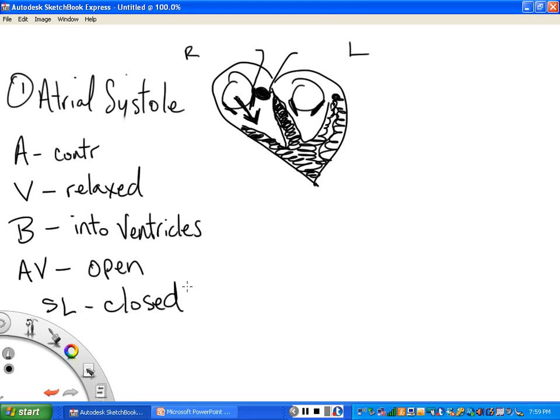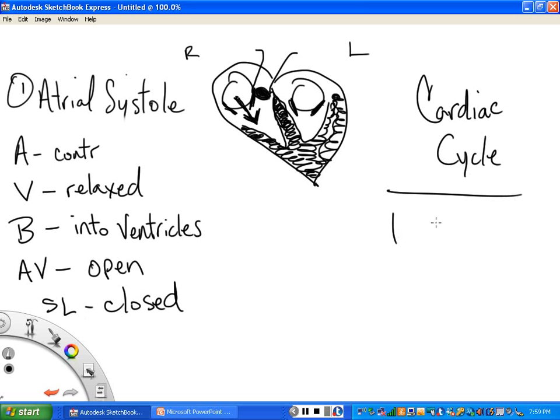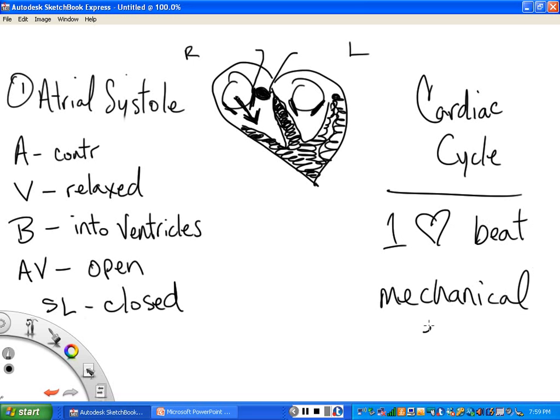For every single step of this cardiac cycle, one heartbeat, the mechanical events, we will always talk about these 5 structures. The atria, the ventricles, the blood, the AV valves, and the semilunar valves. For every step.